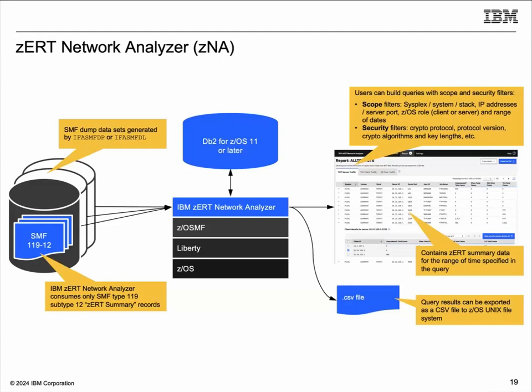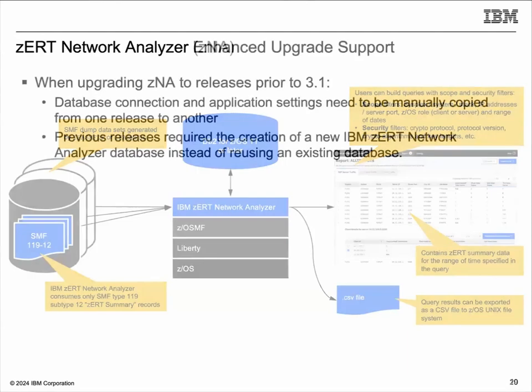So for instance, you could write a query that says, show me all my TCP connections that are protected by TLS, but at a level less than TLS 1.2. So this gives you a way to identify the connections you have that might be either not secured or secured at a level you would consider very weak, and you might want to take some action to improve on. So nice function.